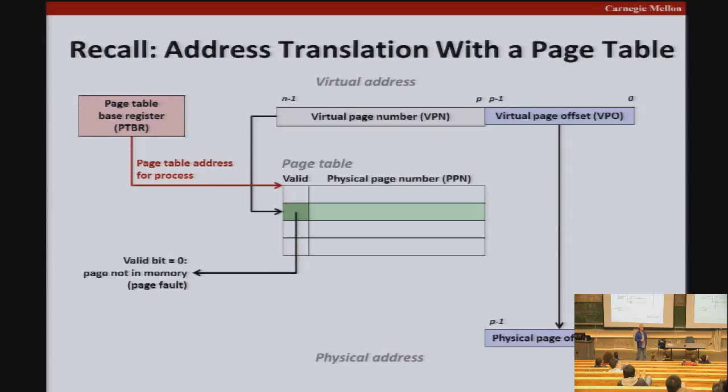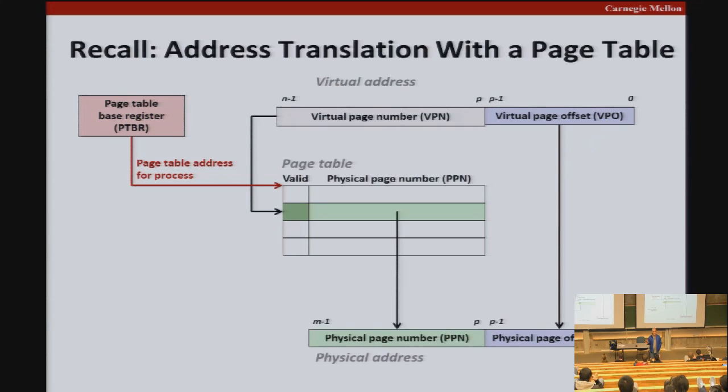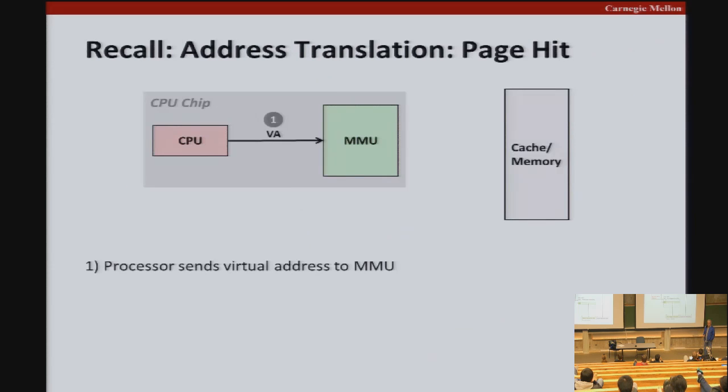In which case, we take a page fault, and the page fault handler runs, and then depending on whether you have legal access to that page or not, it either gives you a seg fault or a protection fault, or it loads the page into memory and restarts the program, and this whole process starts over, at which point we expect that this bit is set to 1 and it is valid, and we read out the physical page number part of the address, and now we have a complete address to present to the memory system. Okay, so this is from 60,000 feet how this works.